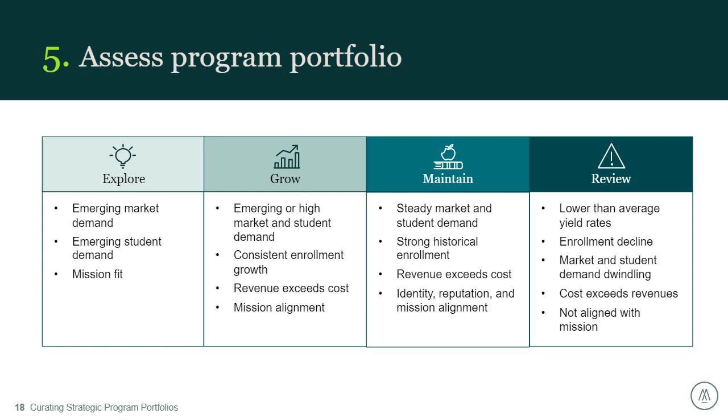So these are programs that really demonstrate a strong alignment with your strategic goals, and they might just need some recommendations on how to grow and expand their reach or their number of students.